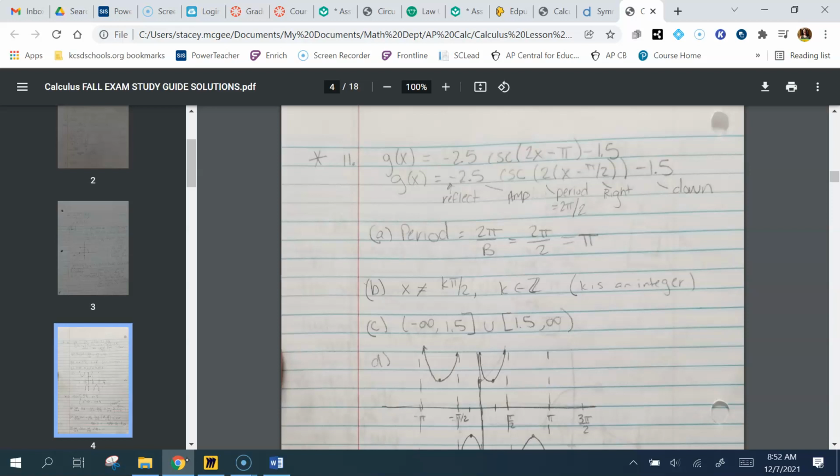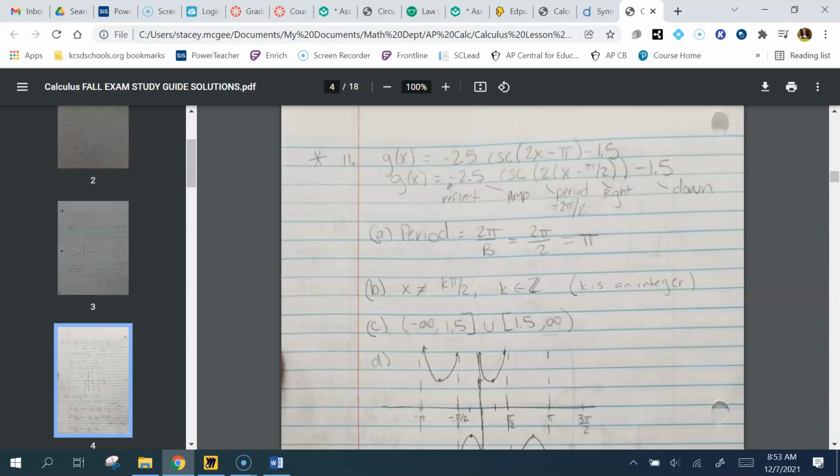You have to factor that B value out because you have to be in the form of A and then whatever your sine, cosine, cosecant, secant, B times X minus H plus K. Because if you didn't, you would think that you were shifting right pi, but you're not. You're shifting right pi over 2.